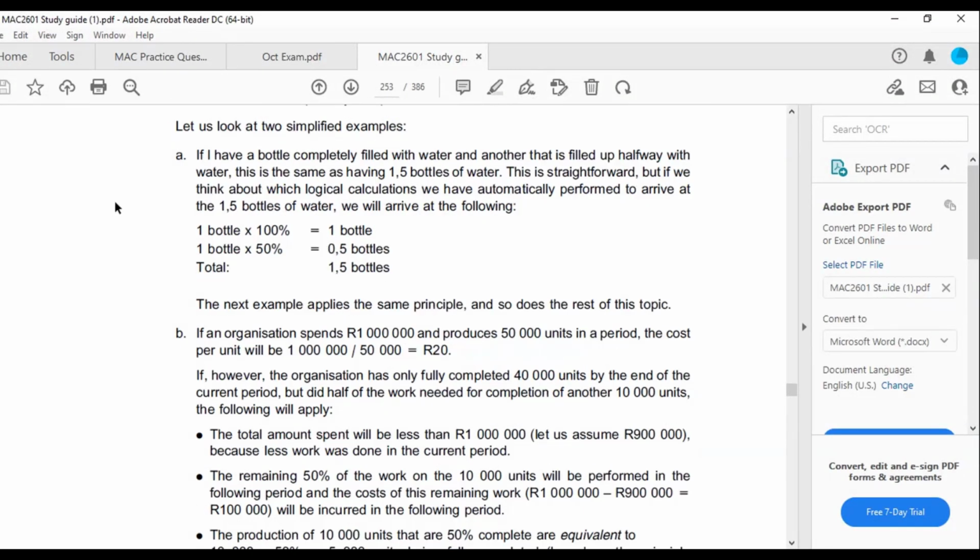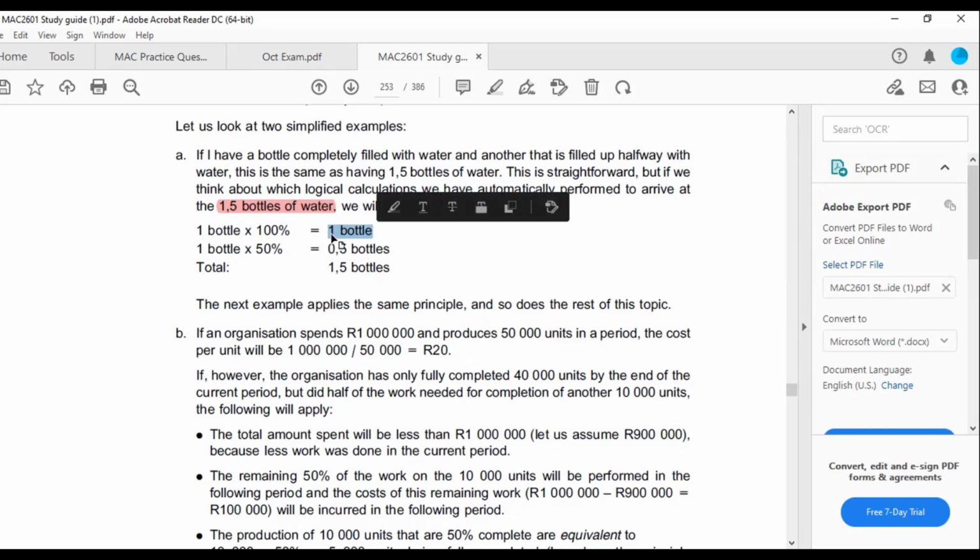So we're going to look at an example. If a bottle is completely filled with water and another is filled halfway with water, this is the same as 1.5 bottles of water. This is straightforward, but if we think about the logical calculation, to get to the costing of this 1.5, you need to say one bottle is 100% complete or 100% full.